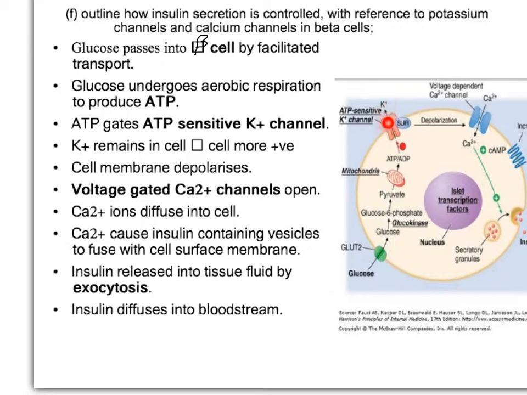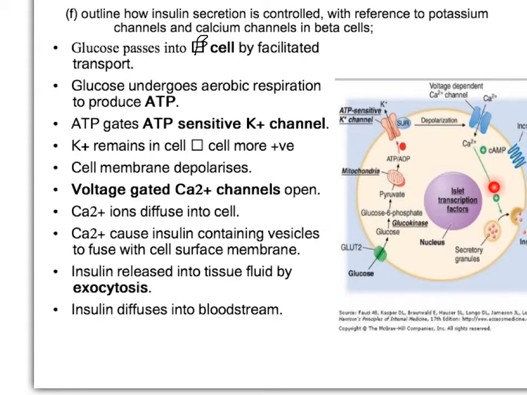Because they can't escape, there's going to be an accumulation of potassium ions inside the cell. This leads to a depolarization of the cell surface membrane, which opens voltage-gated calcium ion channels on the cell surface membrane, which results in calcium ions moving into the cell by diffusion.